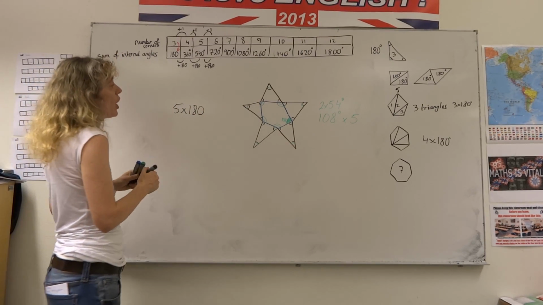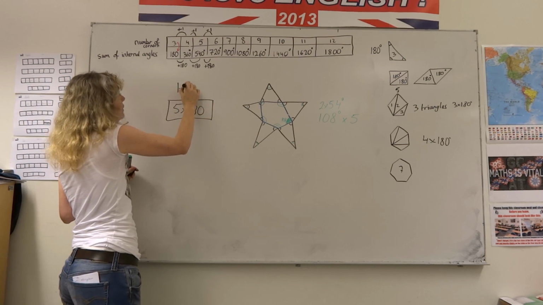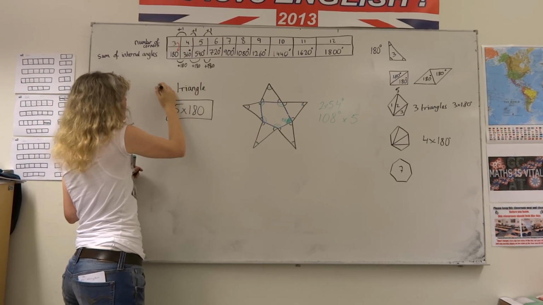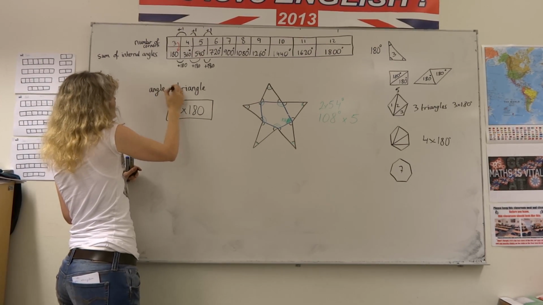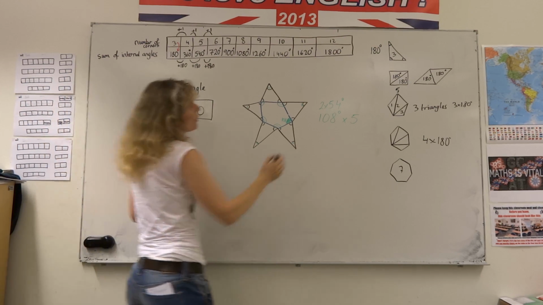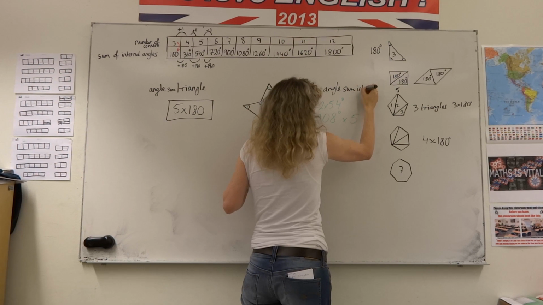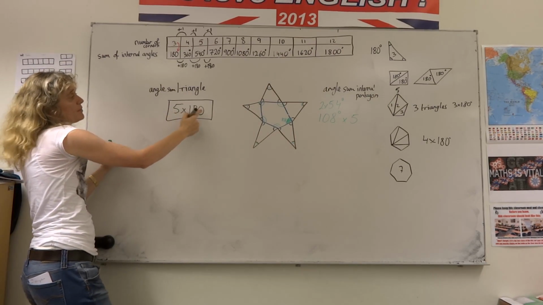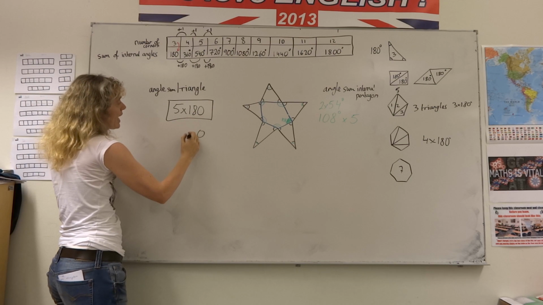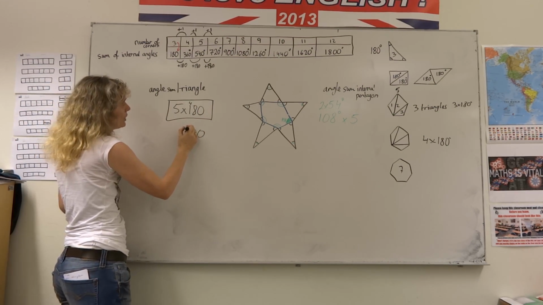Okay, so now we know all of the different angles that we've got. We've got the angle sum of our triangles, and we've got the angle sum of our internal pentagon. So let's do that. 5 times 0 is 0. 5 times 8 is 40. Carry the 4. 5 times 1 is 5 plus 4, 9.